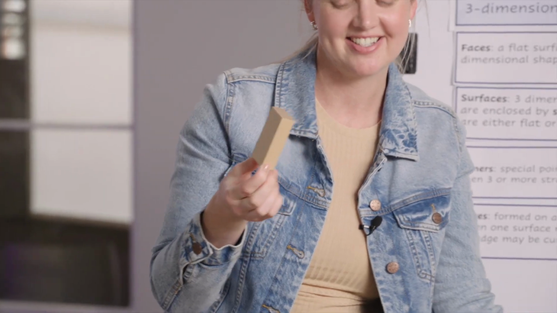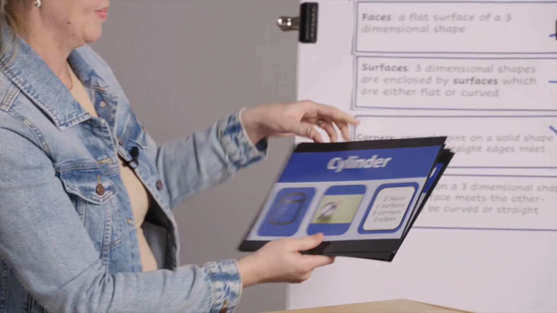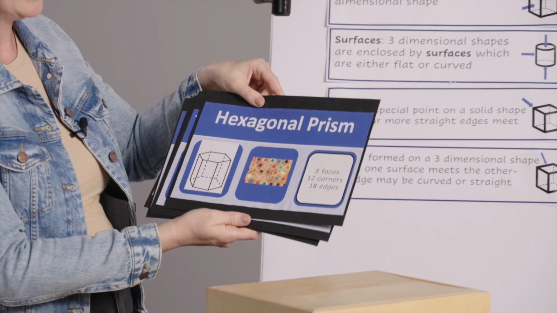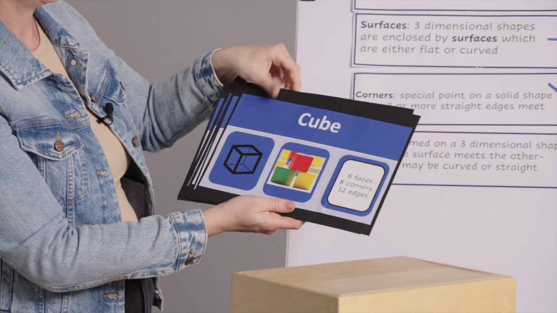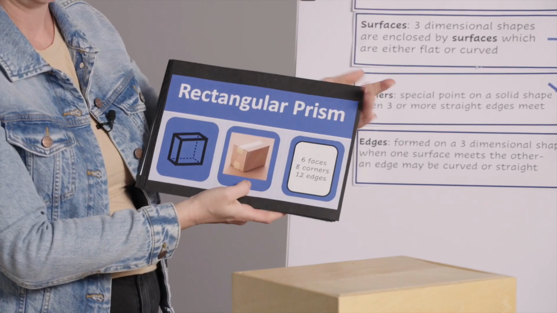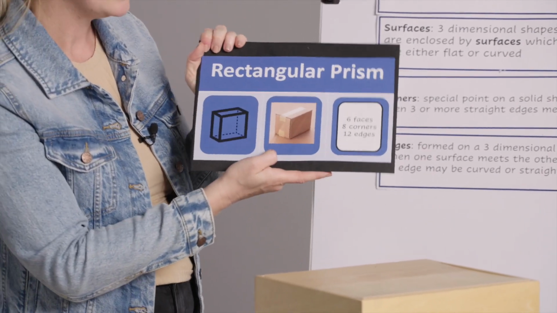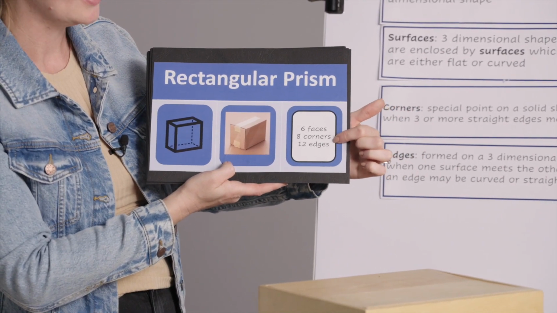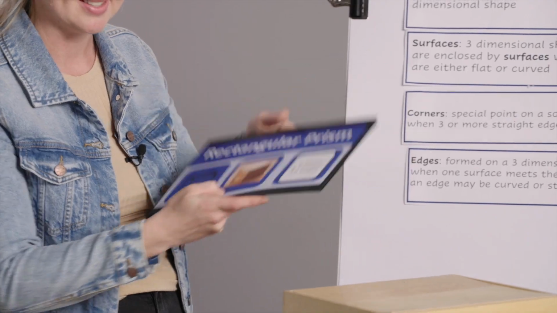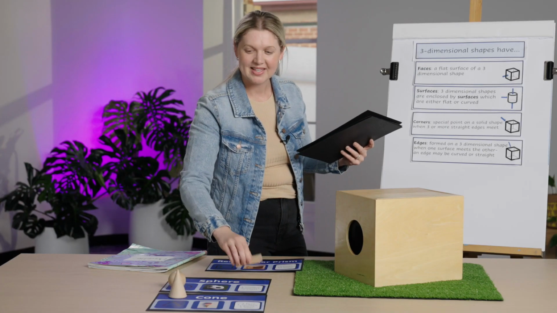Let's see if we can match it. It's not a hexagonal prism. It's not a pyramid. It's not a cube. Here we are. A rectangular prism. 6 faces, 8 corners, and 12 edges. Let's put that here.